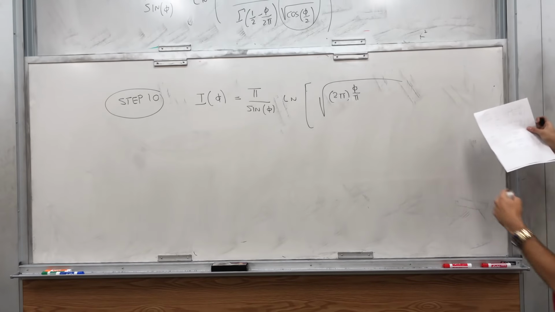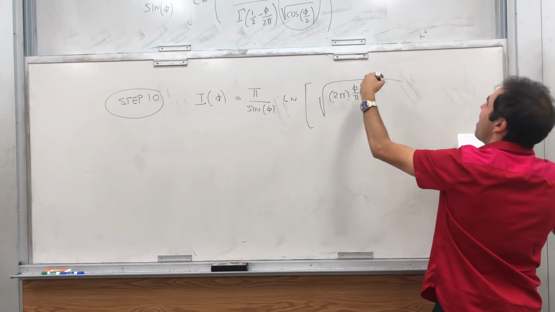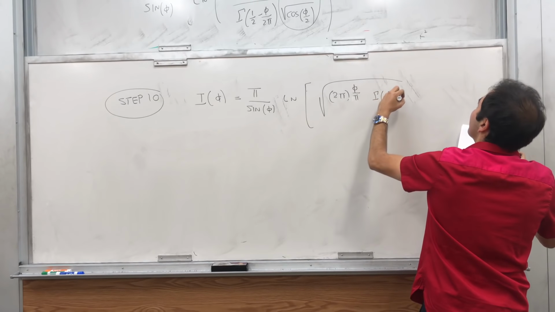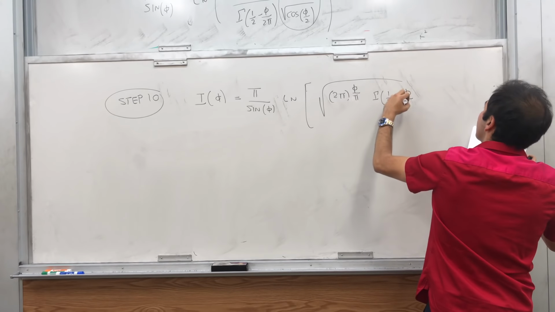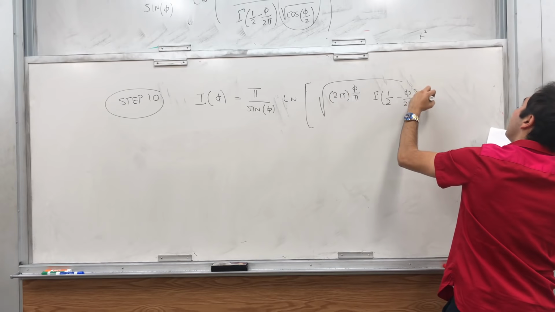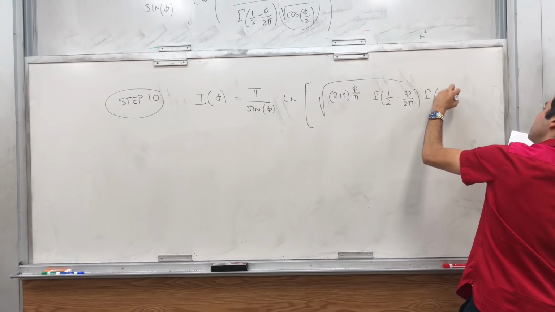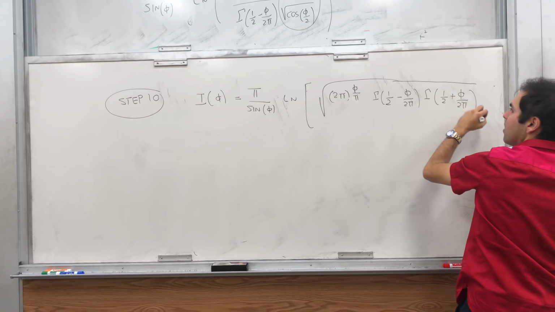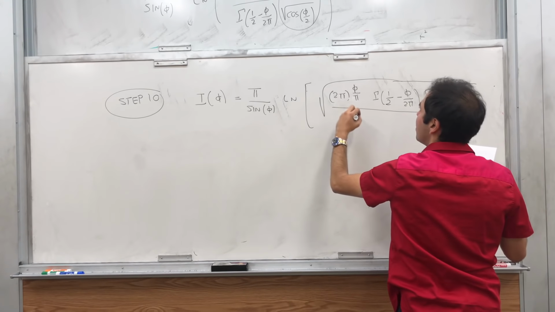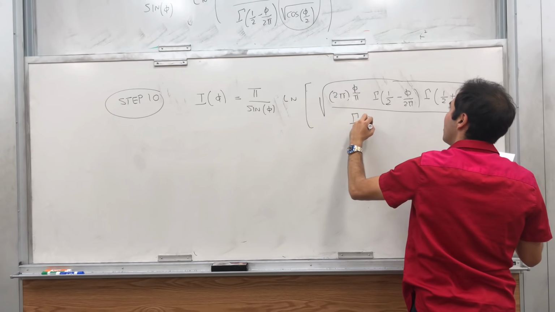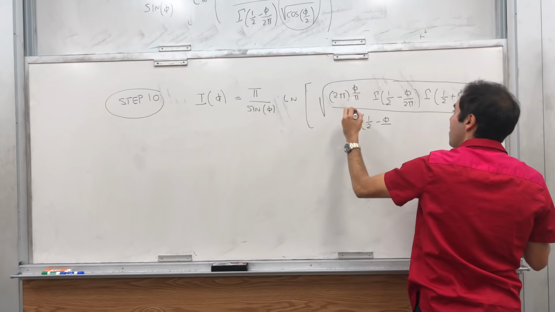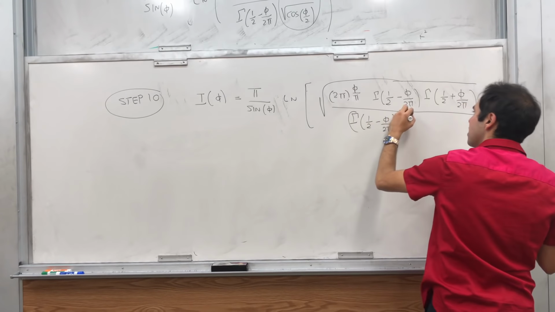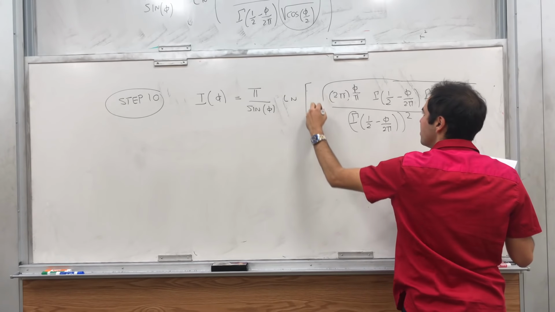And this other term, which was square root of pi over cosine phi over 2, it's gamma of 1/2 minus phi over 2 pi, gamma of 1/2 plus phi over 2 pi over, if you want, gamma of 1/2 minus phi over 2 pi squared, because it's all under this one square root.